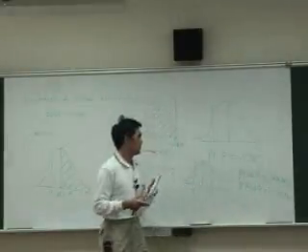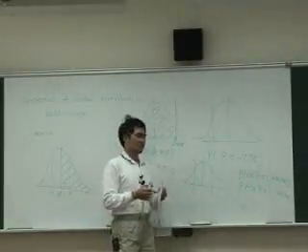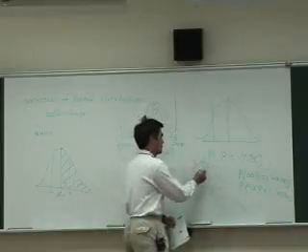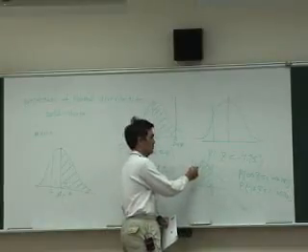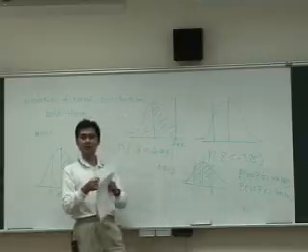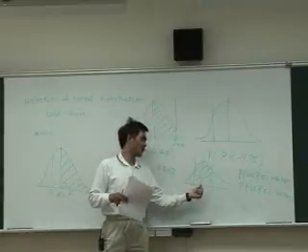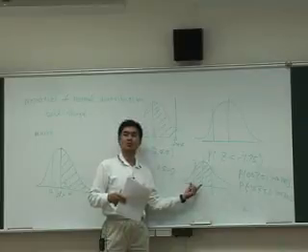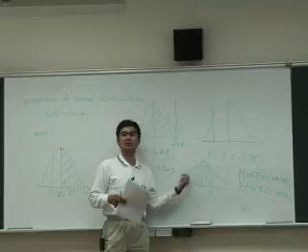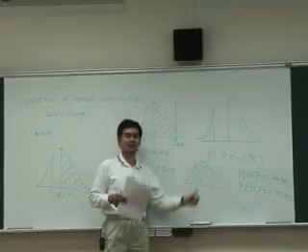Because of what? Because it is symmetric, right? So this area must be equal to this area because it is symmetric. If the distance from here to here is equal to 1, then from here to here it is also equal to 1, the distance, okay? And so the area must be the same because it is symmetric, okay?